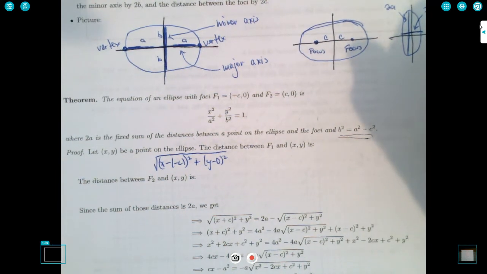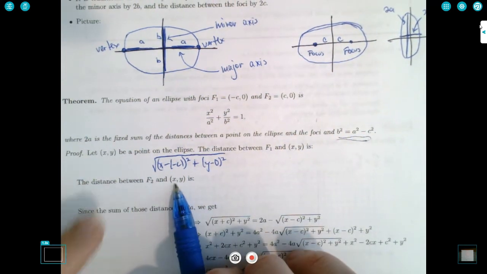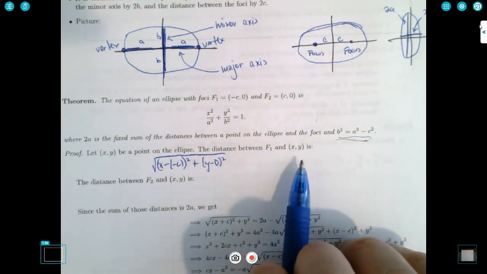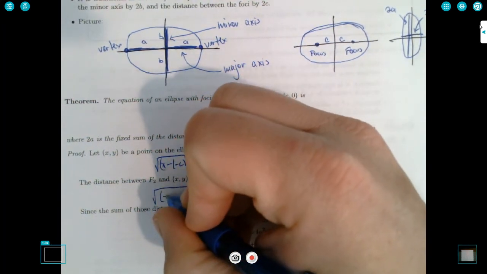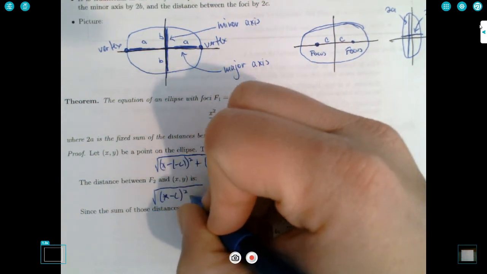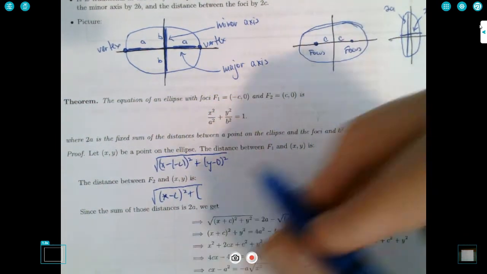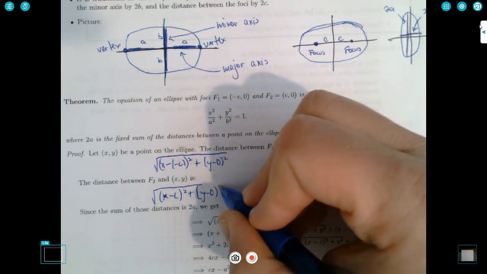And the distance between F2 and (x, y) would be the square root of (x minus c) squared plus (y minus 0) squared.